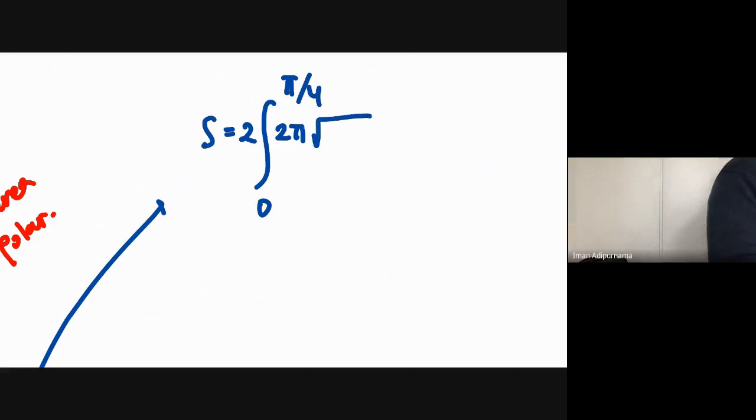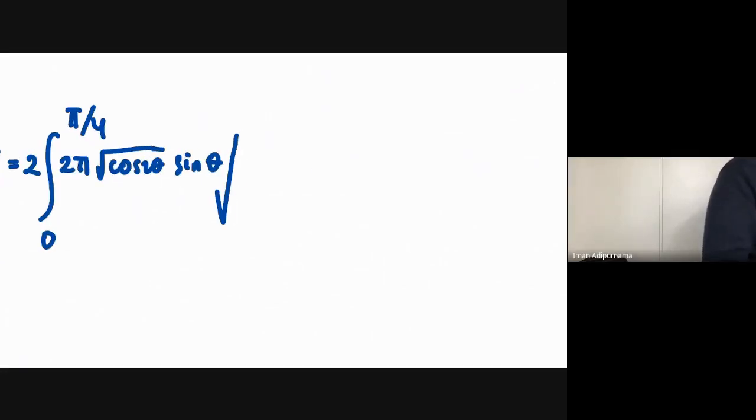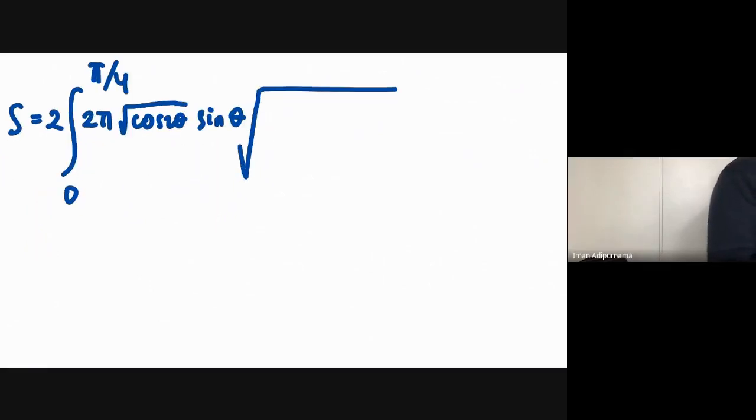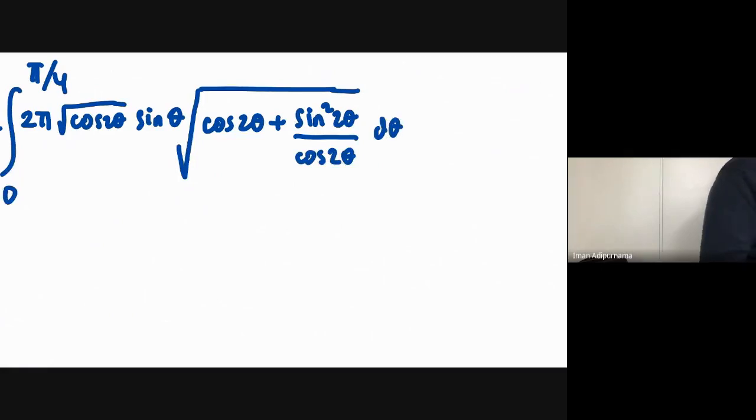My r is cos 2 theta, and then sine theta, and then square root of r squared, which is cos 2 theta, plus sine squared 2 theta over cos 2 theta, and then d theta.